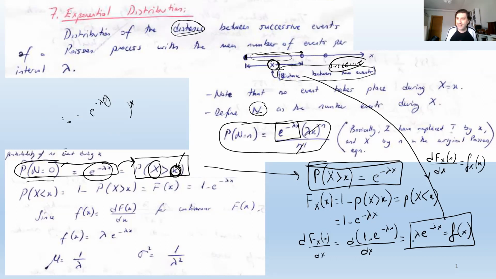Of course, you can find this value by integrating lambda e to the minus lambda x from x to infinity. But note that when you do this integration, you are going to find this result. So it's pretty much practical to keep that result in memory.